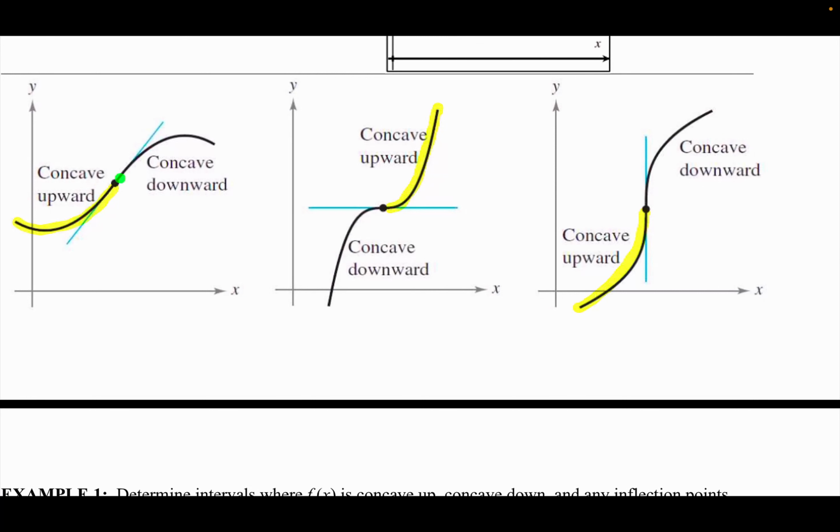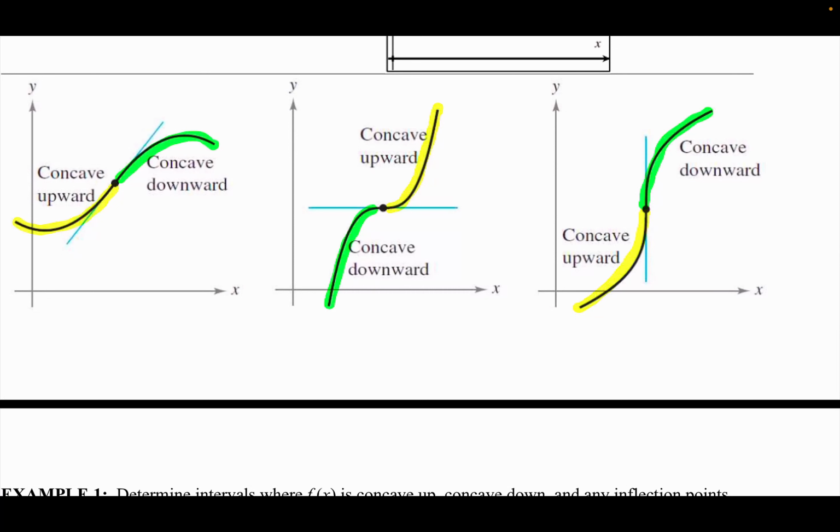Concave down are here, here, and here, where you cup your hand the other way to not hold something. That's visually what we're going to see, okay?